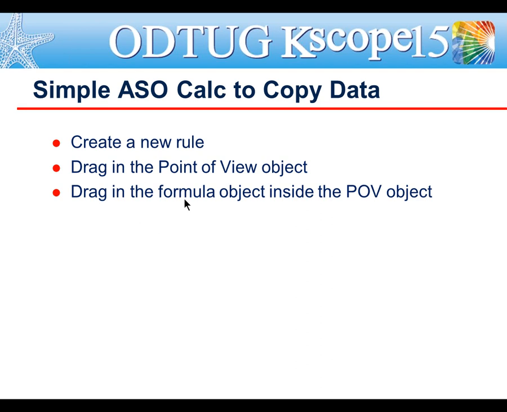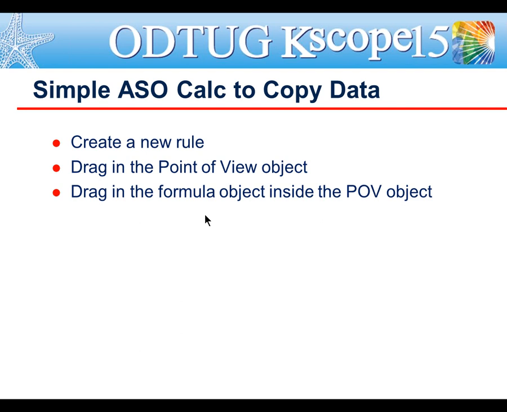However, about 3 or 4 years ago, they introduced stored calcs in ASO, and you can do them without Calc Manager. It requires a MaxL script and what they call a calc script, but it's very different than a standard calc script. And I believe it's kind of cumbersome to use. And doing this with Calc Manager makes it a lot easier.